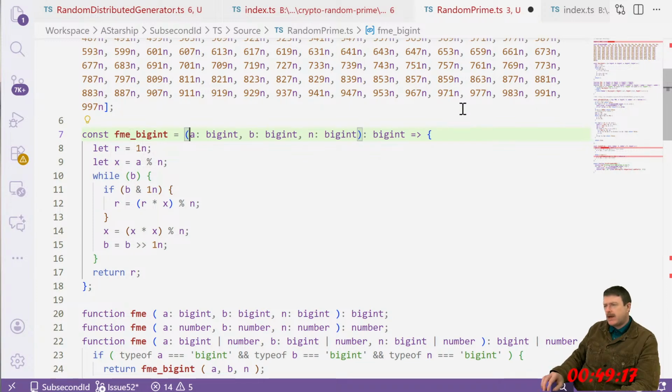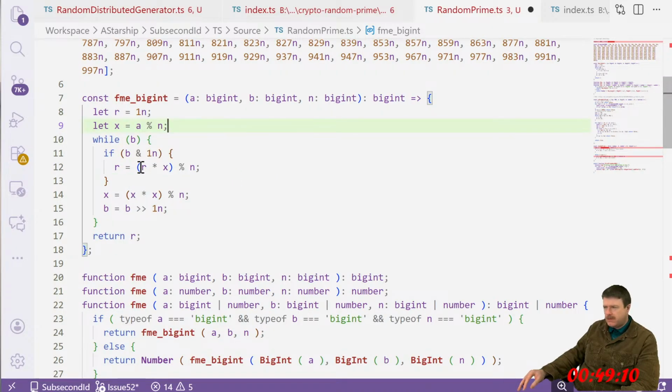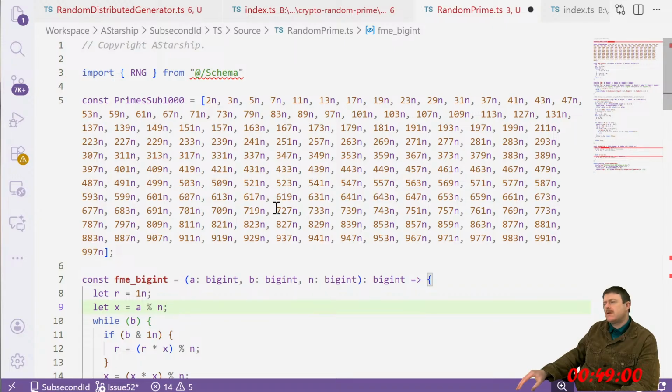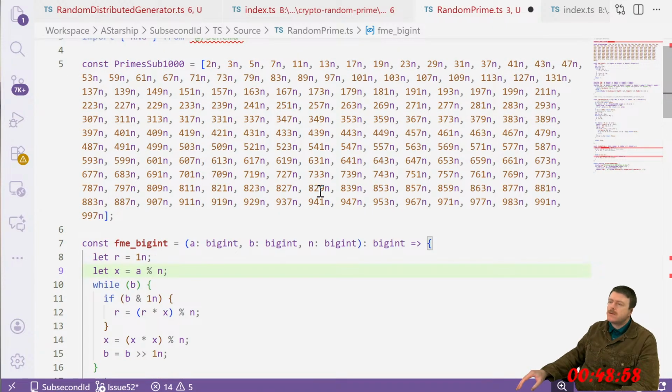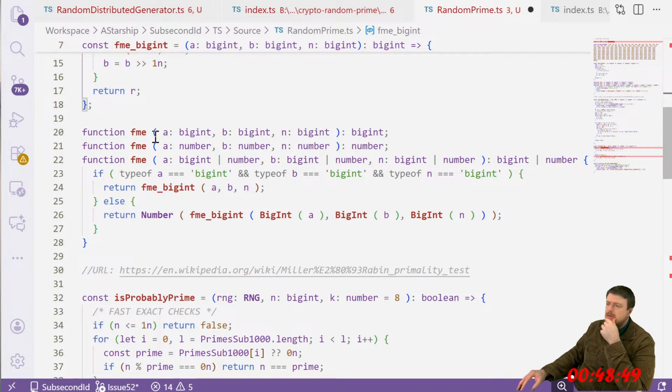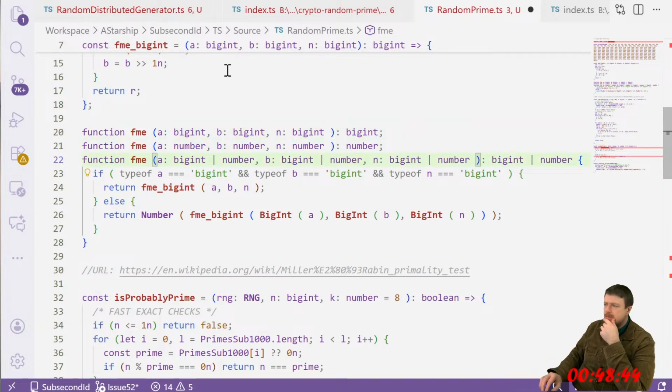So what is this fast mod exponent? Okay, so this code generates arbitrary sized prime numbers.